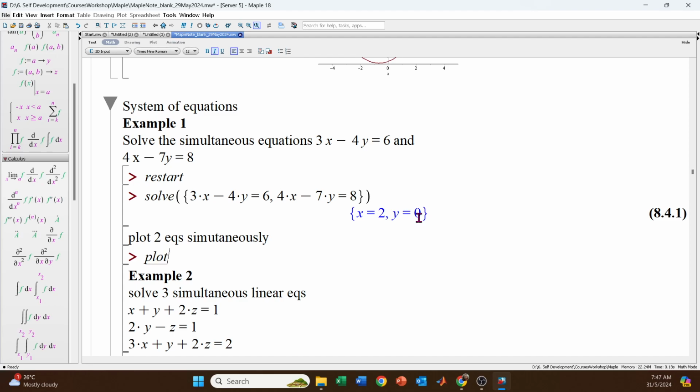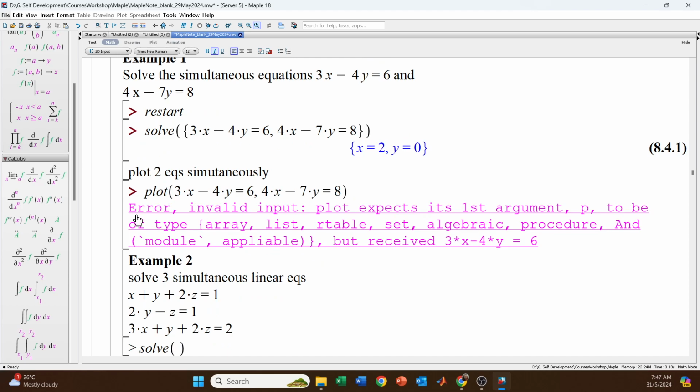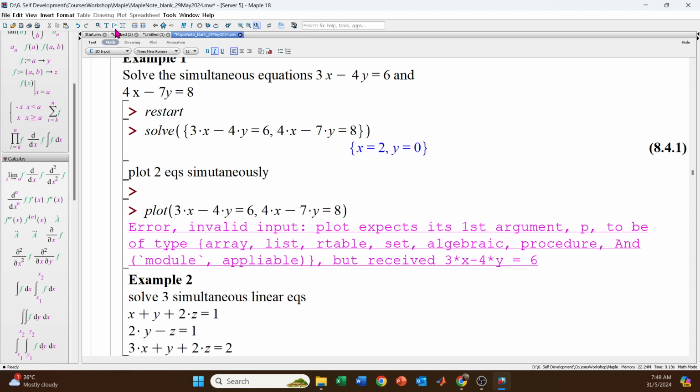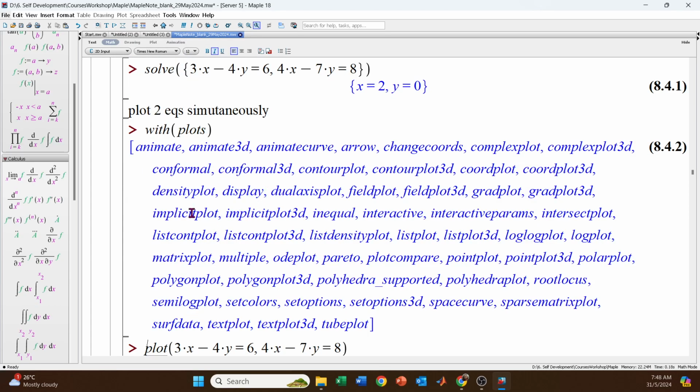So you want to plot, copy this thing. So your plot must be a function of x, unless I use implicit plot. If you want to directly plot this, it must be a function of x, or else I call with plots. With plots, you get one of them, implicit plot.